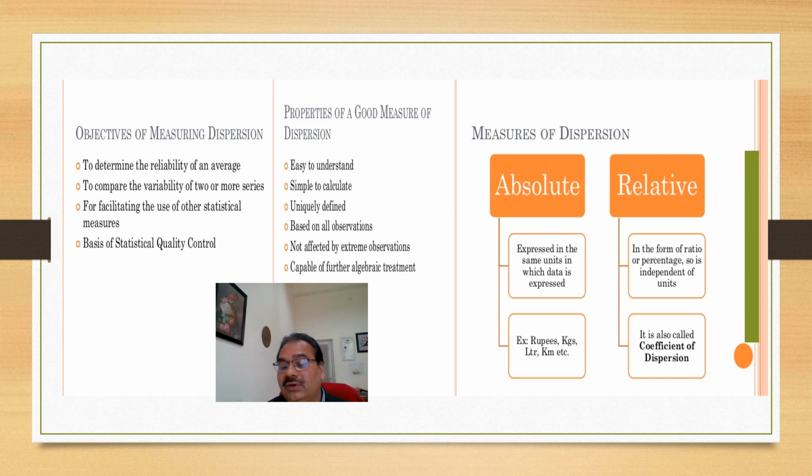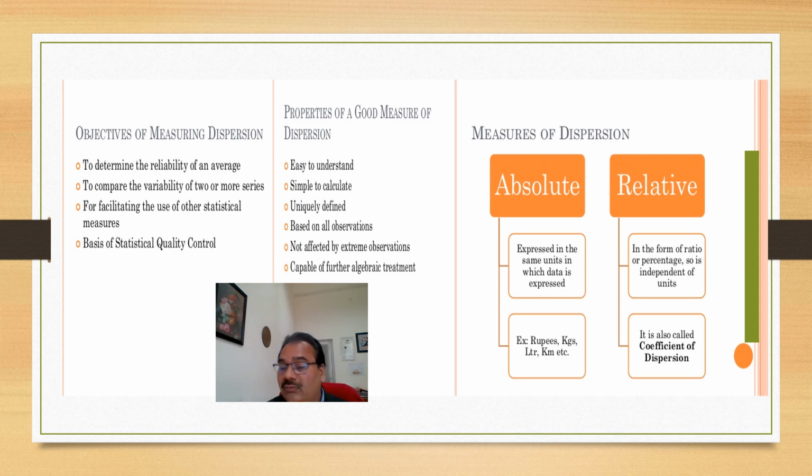Relative means in the form of a ratio or percentage, independent of units. We say your weight is 40% more than Mr. X's weight, or your marks are 20% more than your classmate's marks in a particular subject. That is relative. It is also called the coefficient of dispersion.